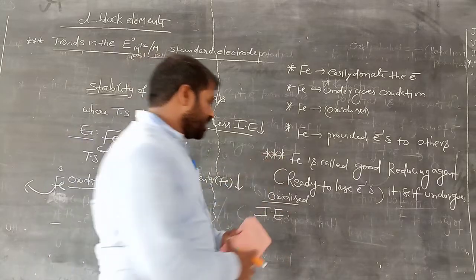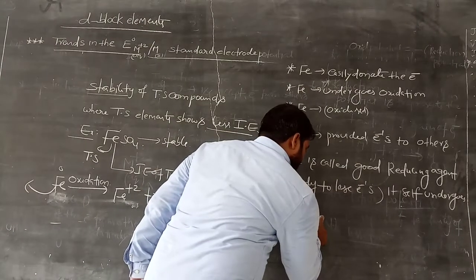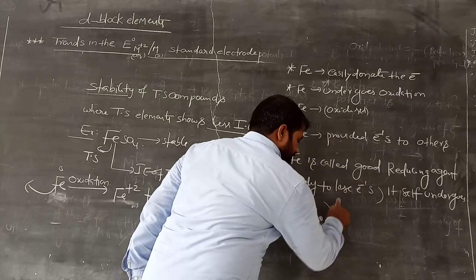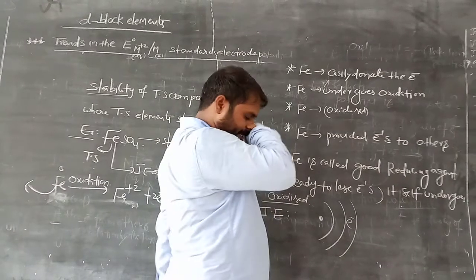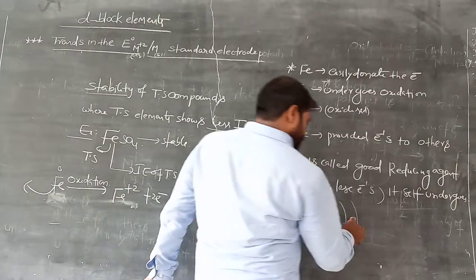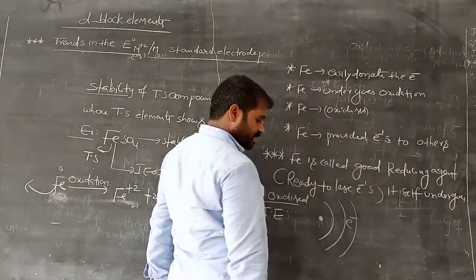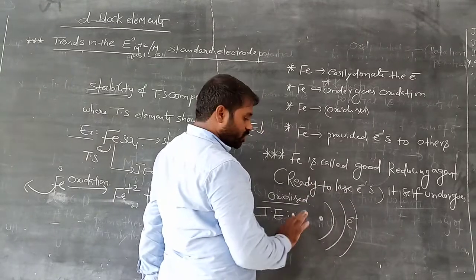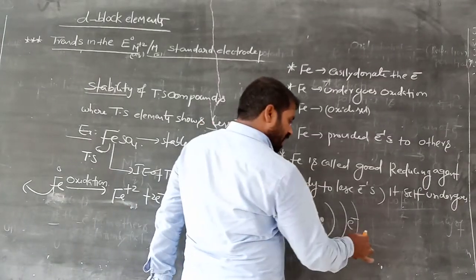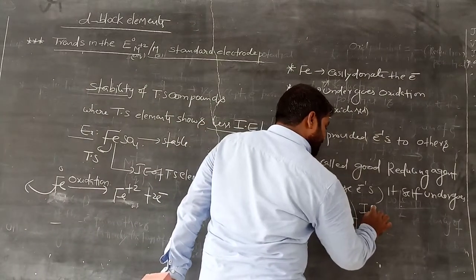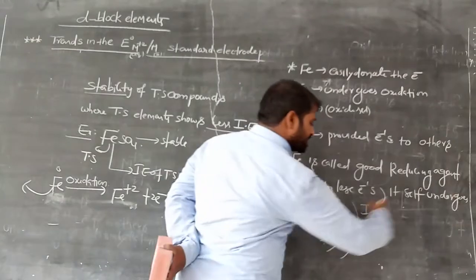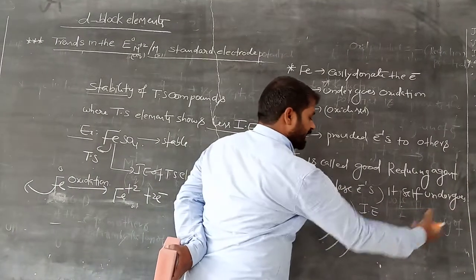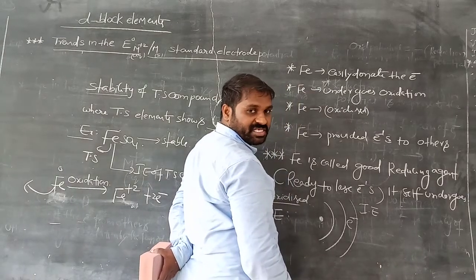Suppose this is the nucleus of an atom, these are the valence shell, there is an electron. It is a neutral gaseous atom. The amount of energy used to remove this electron is called ionization energy.